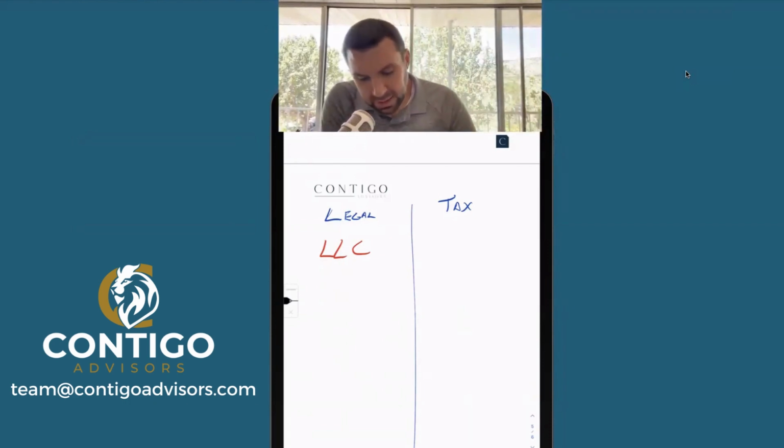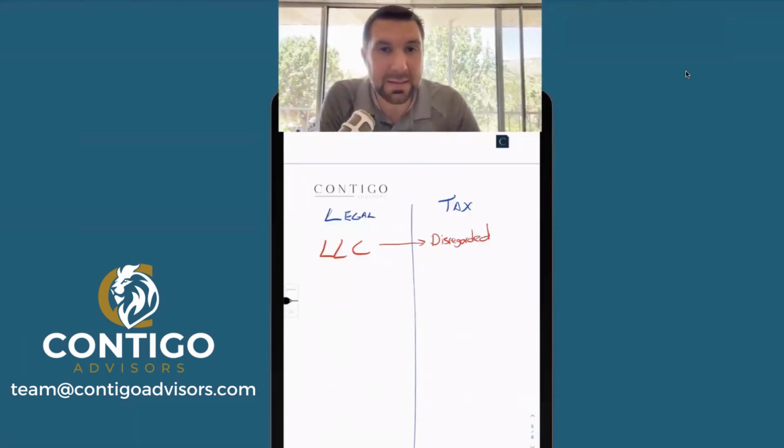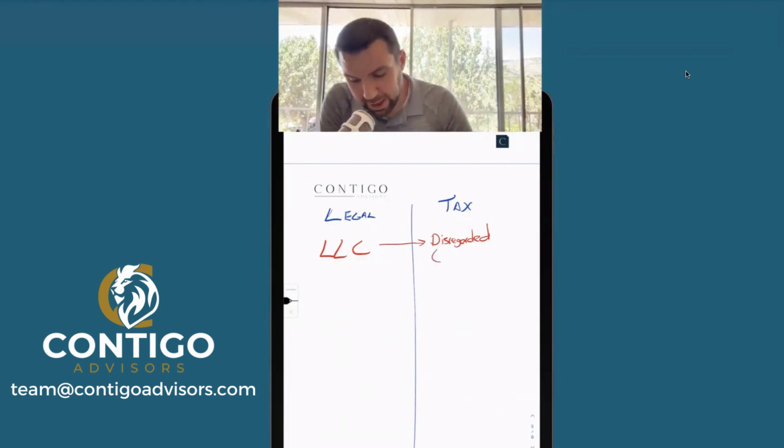If they are single member, then they default to what's called a disregarded entity. And the IRS basically says, that's great that you have an LLC, that's a legal entity. It means nothing to us. And so we're going to tax you as a sole proprietorship or self-employed individual.